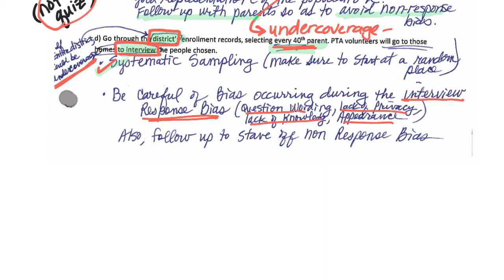So you don't have to write all four of those, but you need to say response bias due to, and then pick one of those. Probably lack of privacy could be the most pertinent one. All right. And then, of course, follow up to stave off non-response bias. But again, these non-response bias ones, they're kind of secondary.